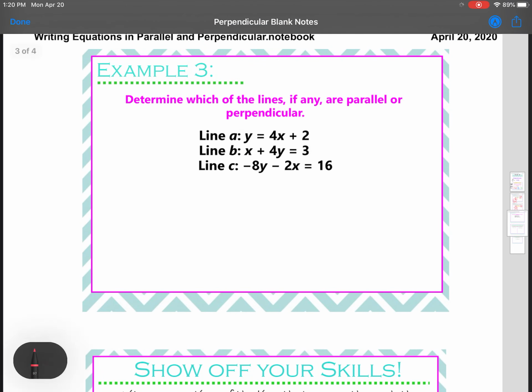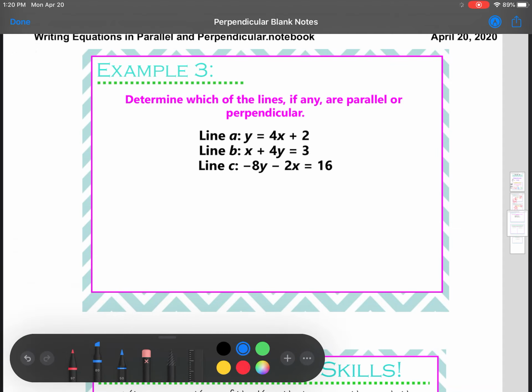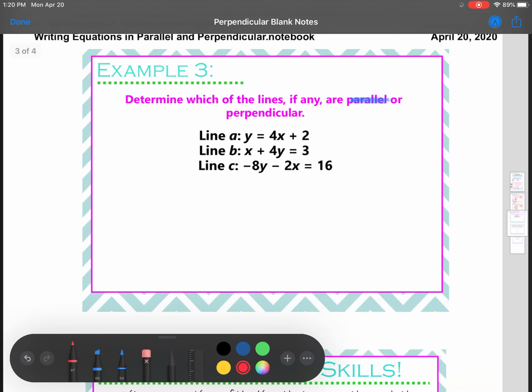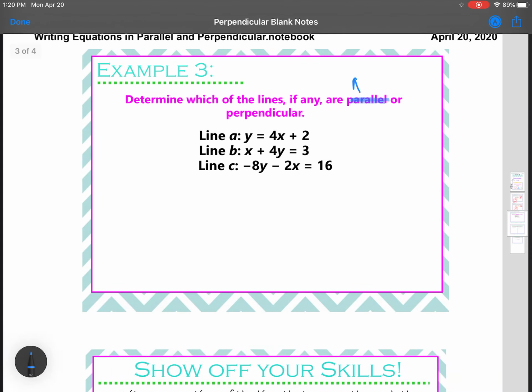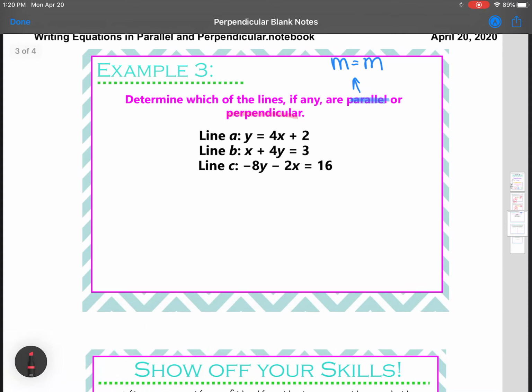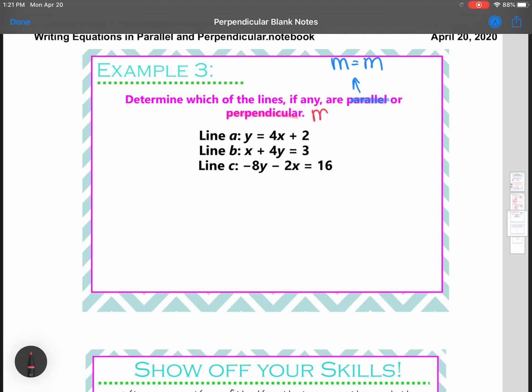Now we're going to see if they're parallel or they're perpendicular. Now remember, if they're parallel, they have m equals n. If they're perpendicular, m equals negative 1 over m.